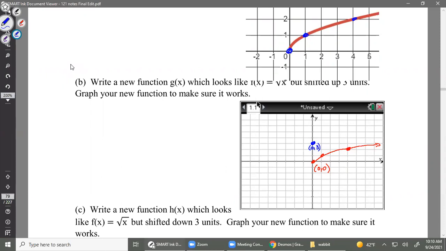So I'm going to have the point (1, 4). And then I had the point (4, 2), again picking it up, move it up 3 spaces, flop it back down, and that gives me the point (4, 5).